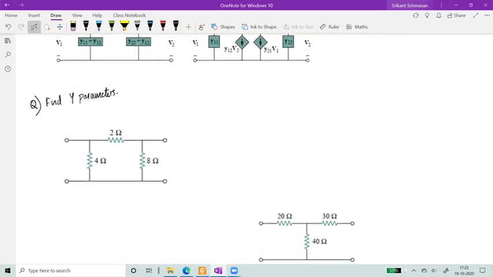Now, if I want to find the Y parameters and I want the admittances, then I would have to write it as this is 0.5 Siemens, this is 0.25, and 1 by 8 is 0.125, right? Because we did the Boolean algebra, and so we remember the inverse of these.